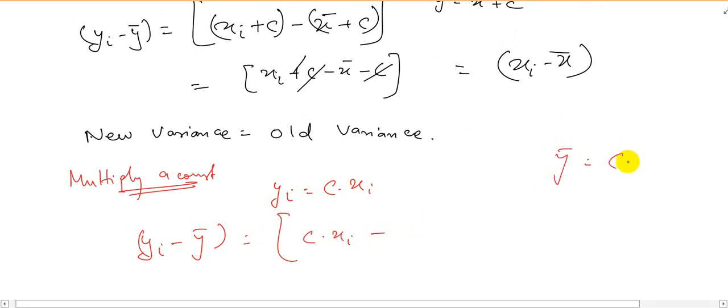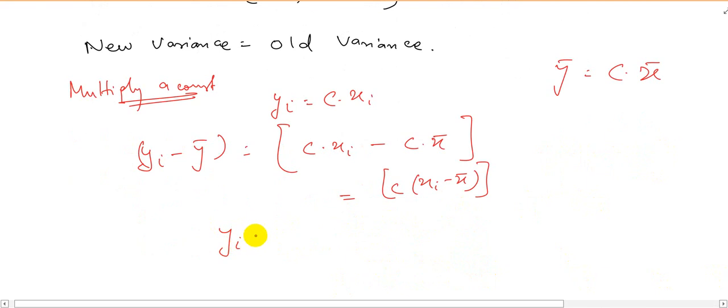Y dash is nothing but c into x dash, as we have studied earlier. We can take c common, and xi minus x dash stays as it is. Now these deviations get squared in the case of variance, so it would be c square into xi minus x dash squared, right?